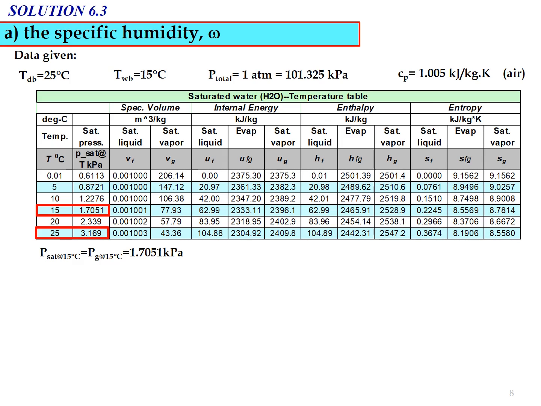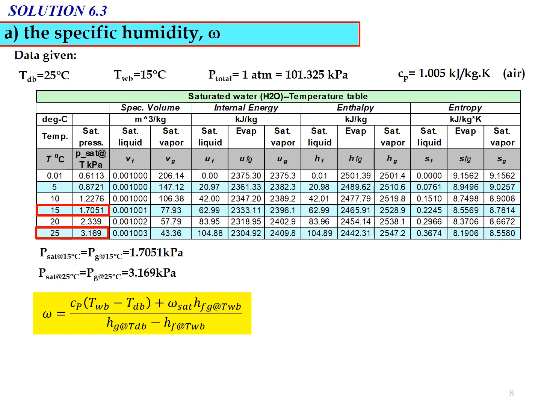So P saturated at 15 degrees Celsius, Pg at 15 degrees Celsius, equals 1.7051 kilopascal, and Pg at 25 degrees Celsius equals 3.169 kilopascal.